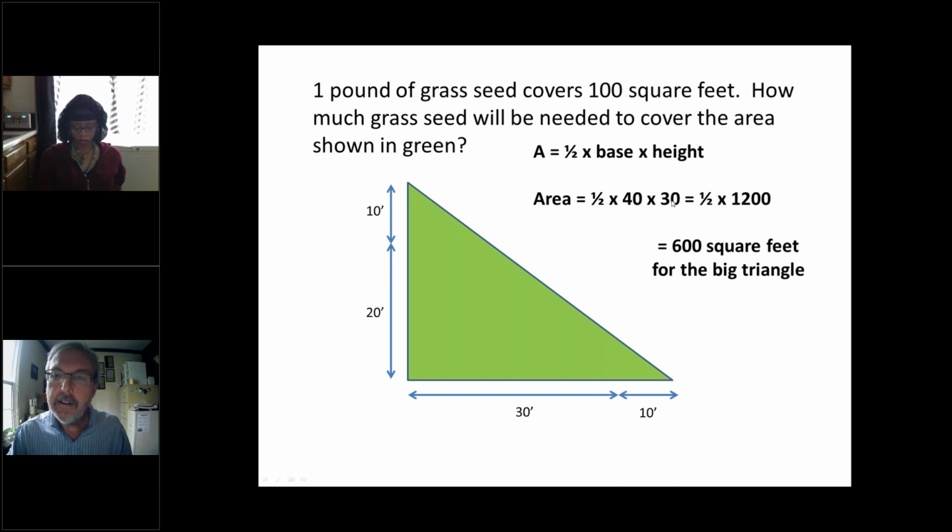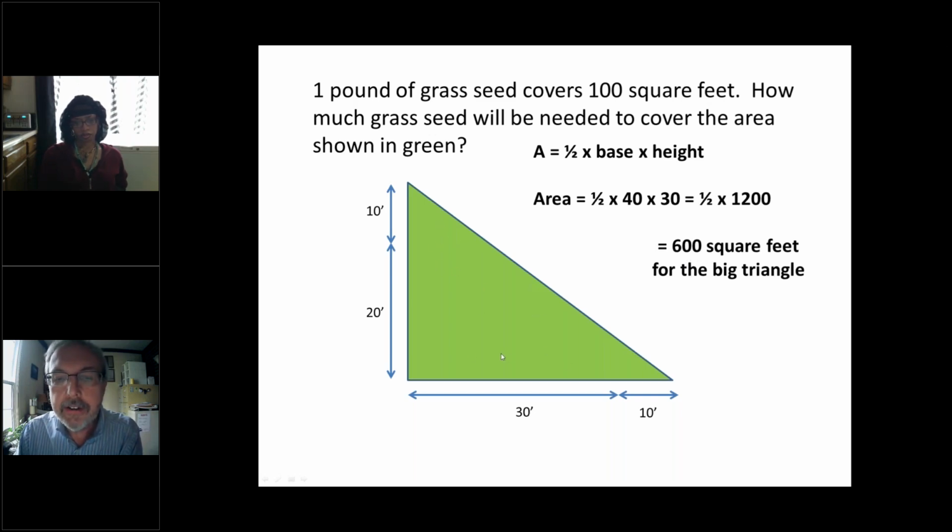We said the height is 30. And if we multiply 40 times 30, we get 1200. So 1/2 times 1200 is 600. Okay, does that make sense? Yes, because it's half. That's right. Yep. So 600 square feet.